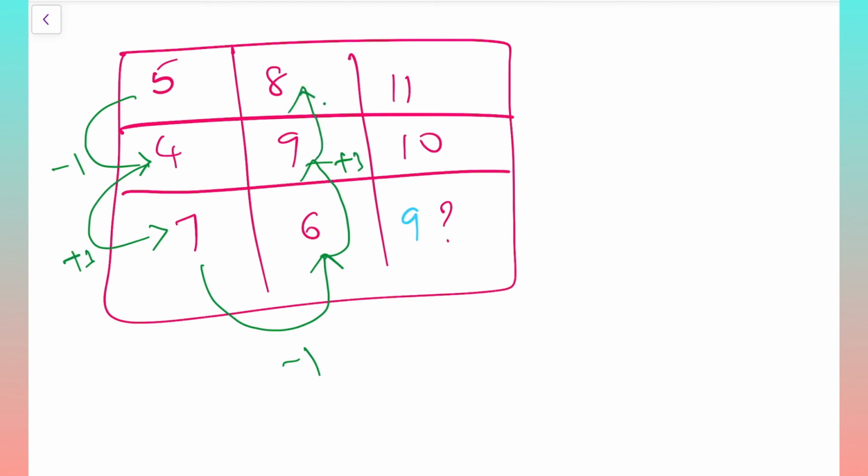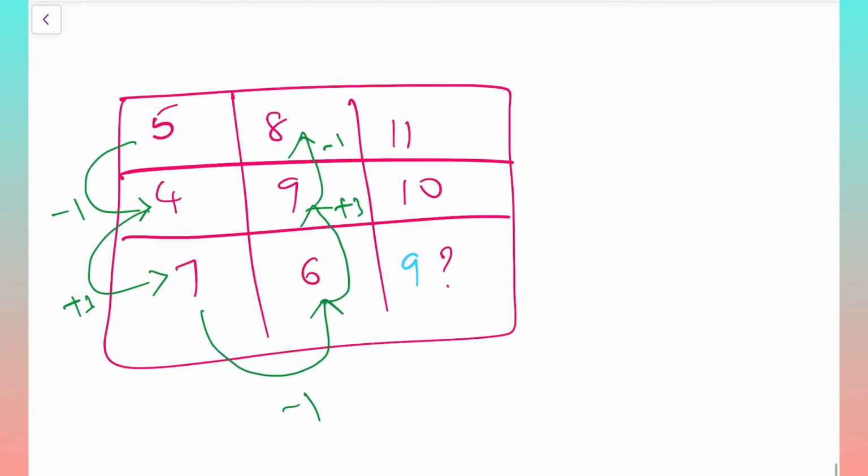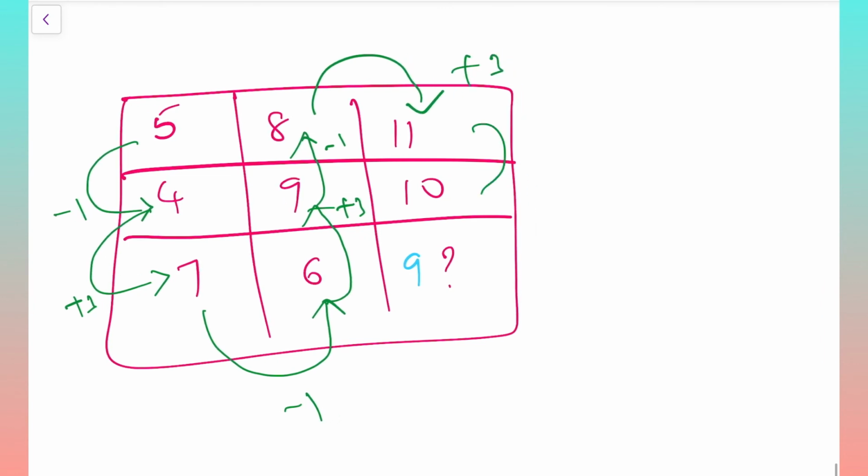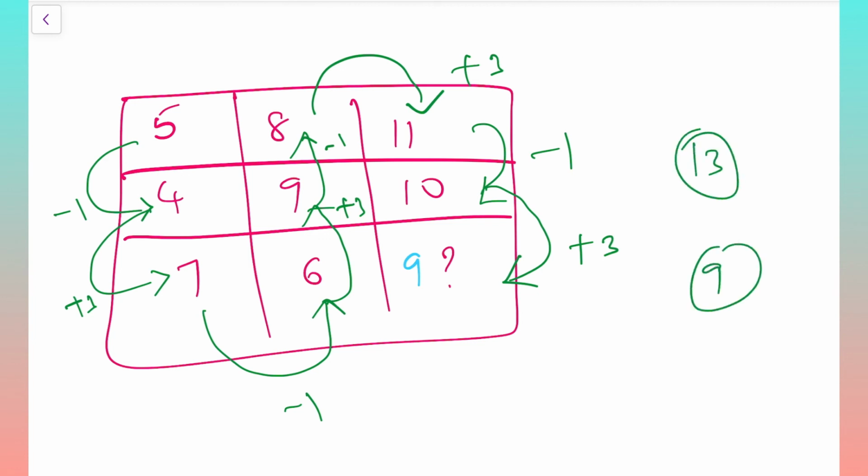From 9 to 8, minus 1. And from 8 to 11, plus 3. From 11 to 10, minus 1. Then from 10 to the next number, it should be plus 3. So 10 plus 3 is 13. So answer may be 9 or answer may be 13.